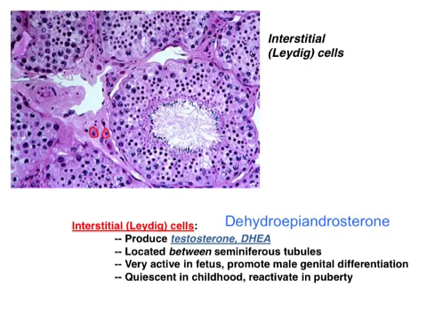The interstitial cells are very active in the fetus, where they promote male genital differentiation. So they're important in the initial development of an individual who is not just chromosomally male, but who actually presents physically as a male. They then go quiescent during childhood and get reactivated in puberty.